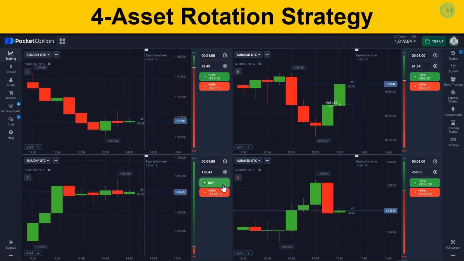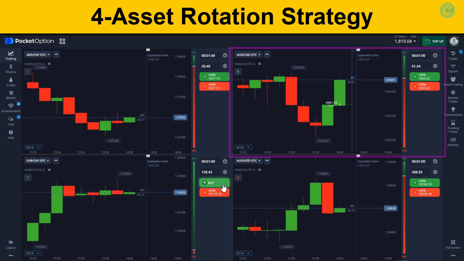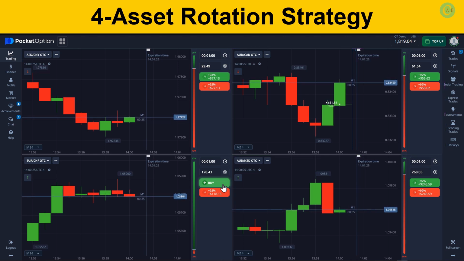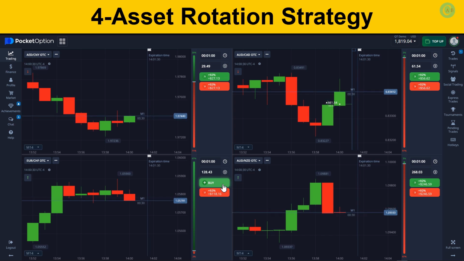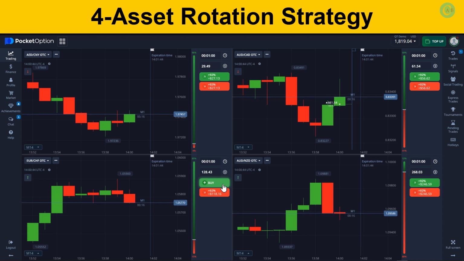Going back to my trading platform, and as you can see, I'm in second trade in the second chart with another buy option. Hopefully it's gonna close with green color. About 25 seconds to the candle closing time. So far the candle is green.